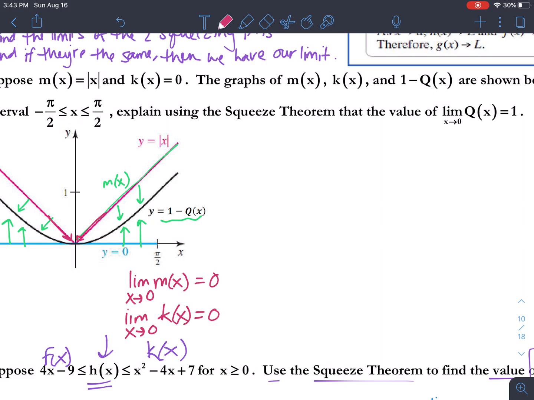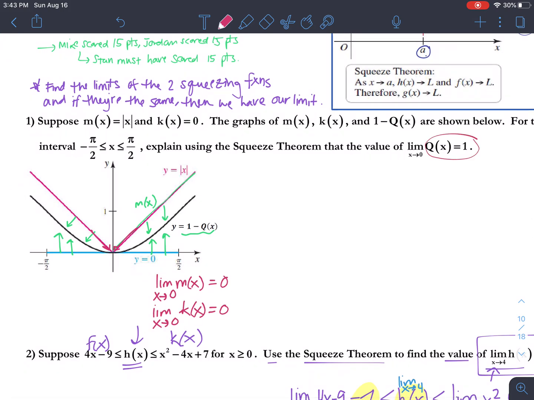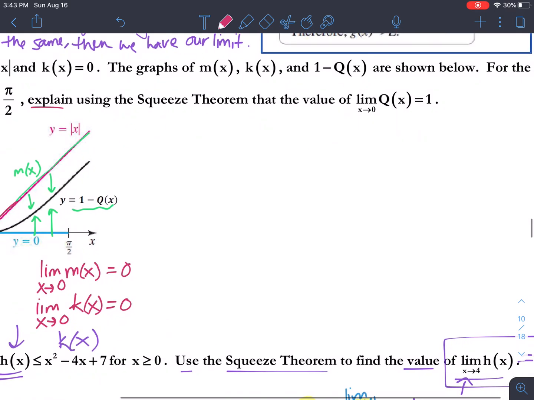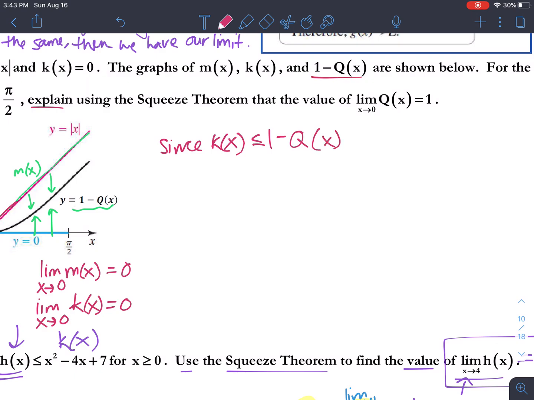So how do we know that this q of x is equal to 1? Well, let's kind of figure out what's going on here. We're going to try to start writing our sentence here for the squeeze theorem. It says explain. Okay, so since k of x, that was the littlest function, is less than or equal to that middle function, which was 1 minus q of x, which is less than or equal to m of x. That was that absolute value or the biggest function. Small, medium, big.